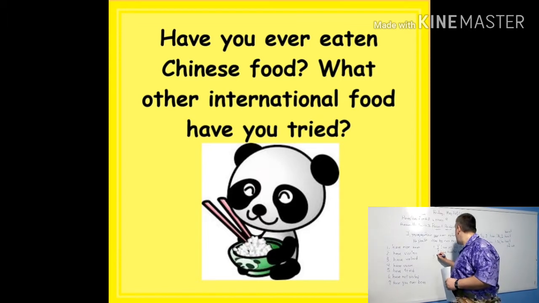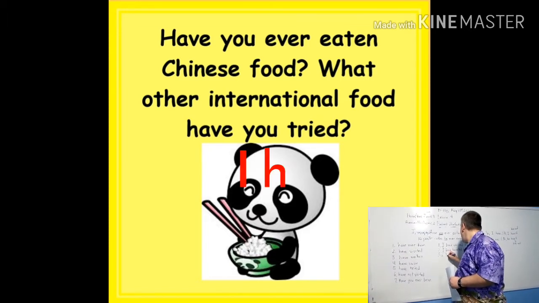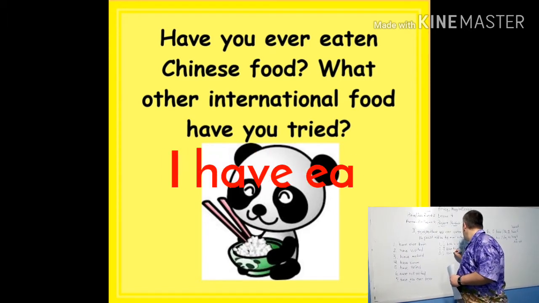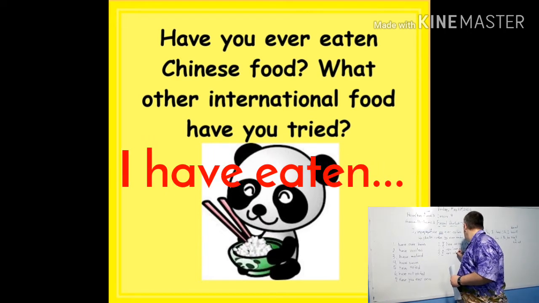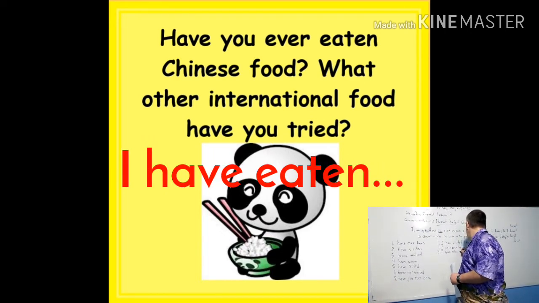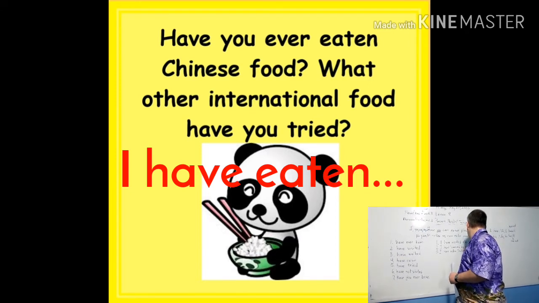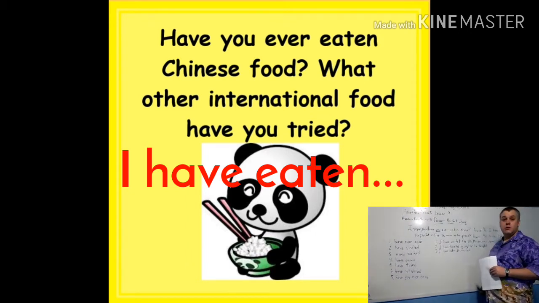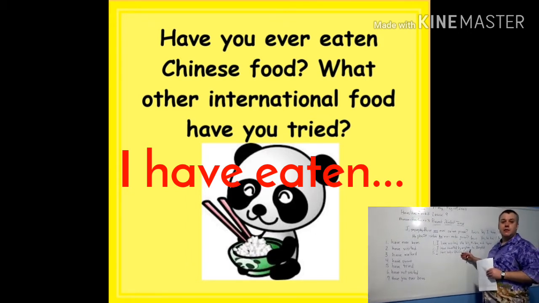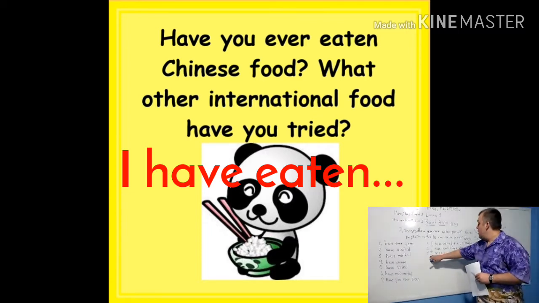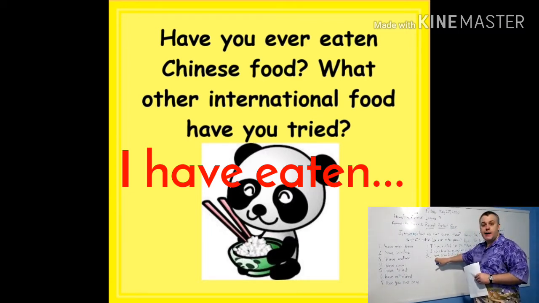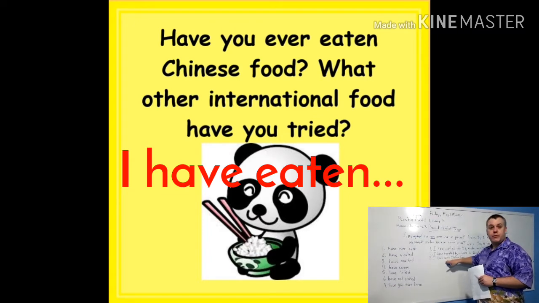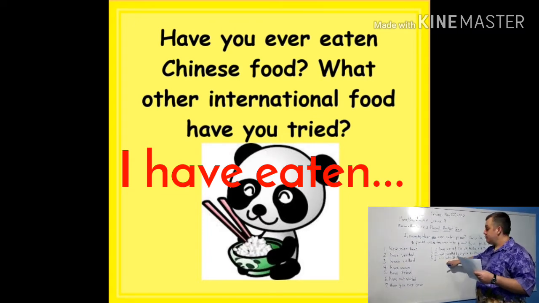So, you could say, I have eaten Italian food. Okay, that's food from Italy. Okay? Pronoun, has or have, verb 3. Got it?